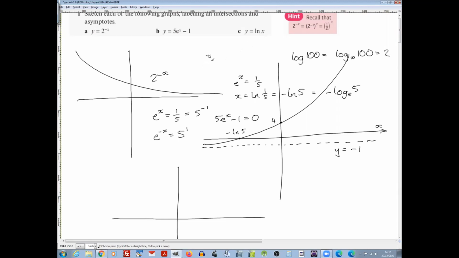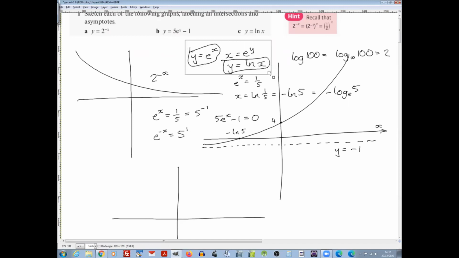So it's the inverse of e to the x. If you swap x and y around and say x equals e to the y, and then you make y the subject, y is the power you have to raise e to get x. So the point is that the graph of y equals log x is going to be the inverse of y equals e to the x. Right, okay.